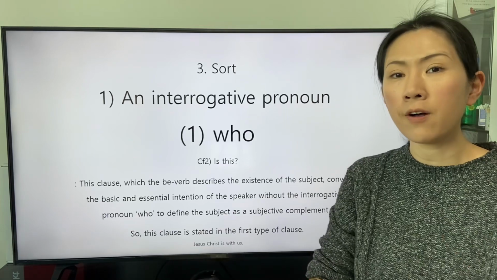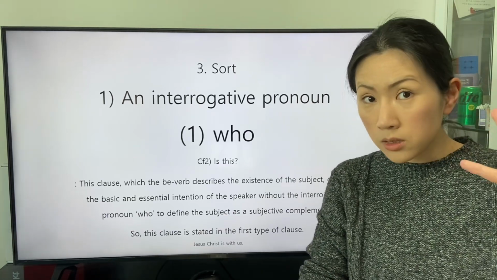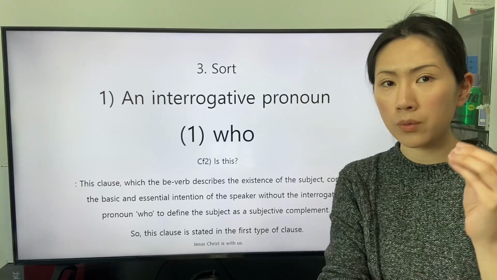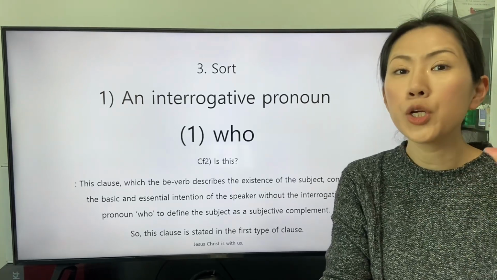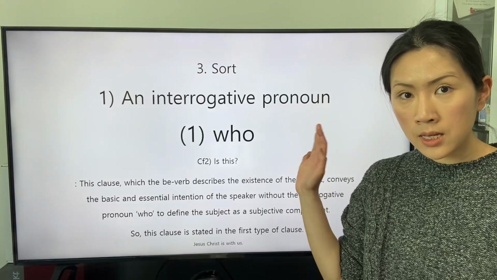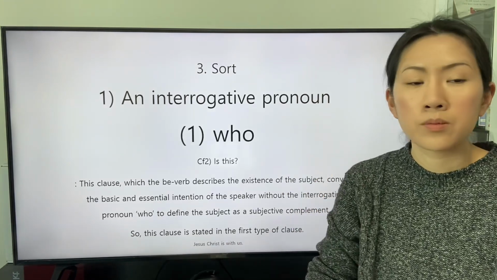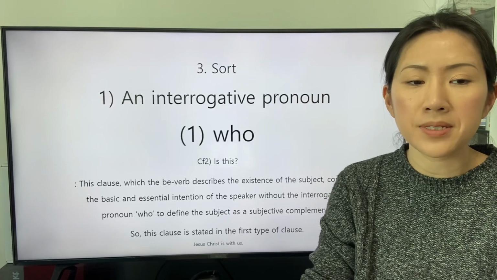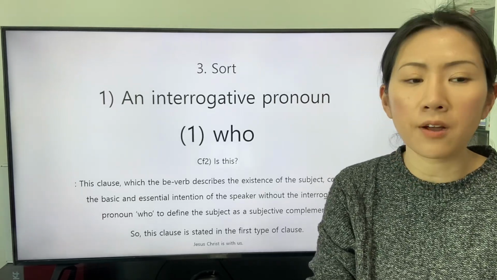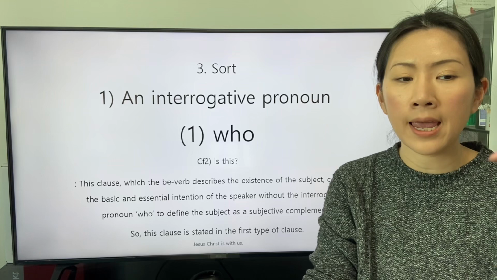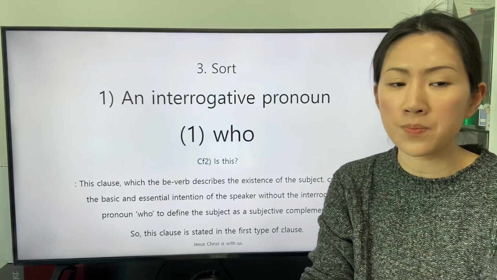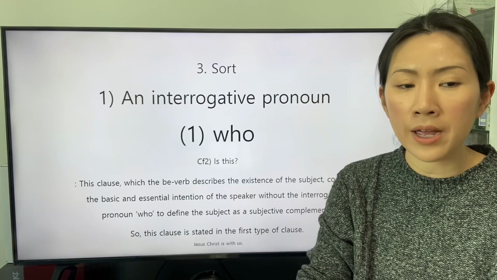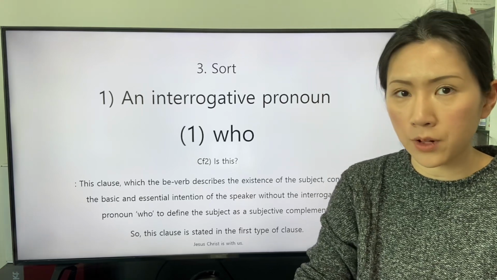We can think of the second conference of the interrogative pronoun who in the clause. This clause, in which the be verb describes the existence of the subject, conveys the basic and essential intention of the speaker without the interrogative pronoun who to define the subject as a subjective complement.